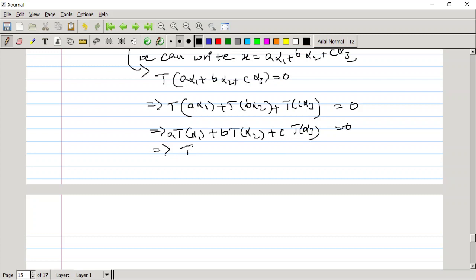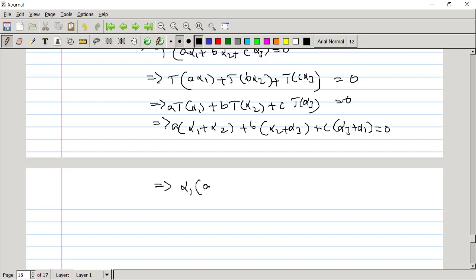So by the definition of T, we have a times (alpha 1 plus alpha 2) plus b times (alpha 2 plus alpha 3) plus c times (alpha 3 plus alpha 1), and this equals 0.